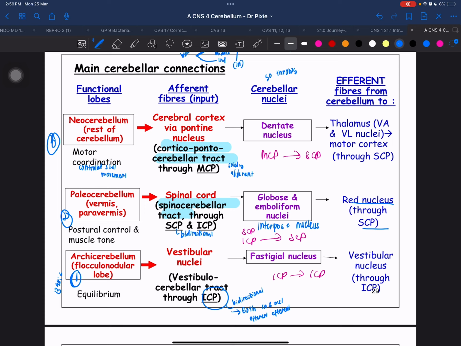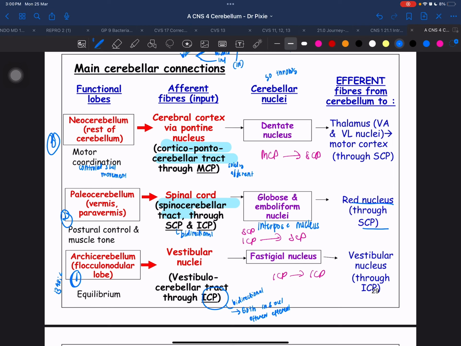Now, the highest is the latest development in your cerebellum. The highest that makes you different from other mammals. Yeah, makes you different from reptiles and amphibians. Here, neo. Neocerebellum is really for fine motor coordination, fingers. Now, this afferent is from cortex.